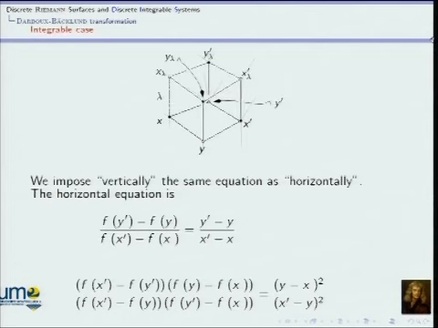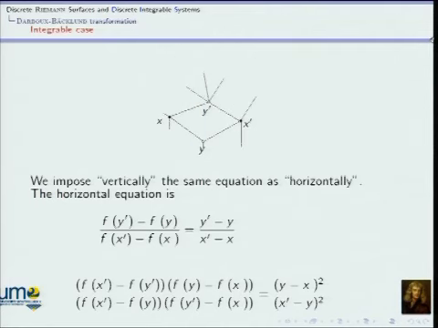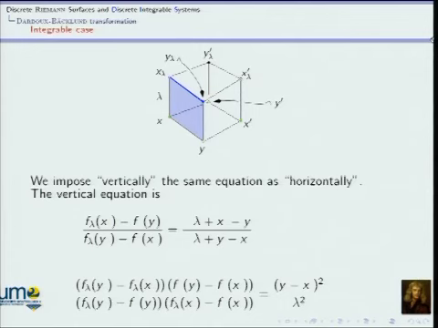So on these vertical faces, I'm going to ask that the ratio of the function values is given by this ratio, which is simply the difference x minus y plus lambda, so I'm going to put a lambda vertically.